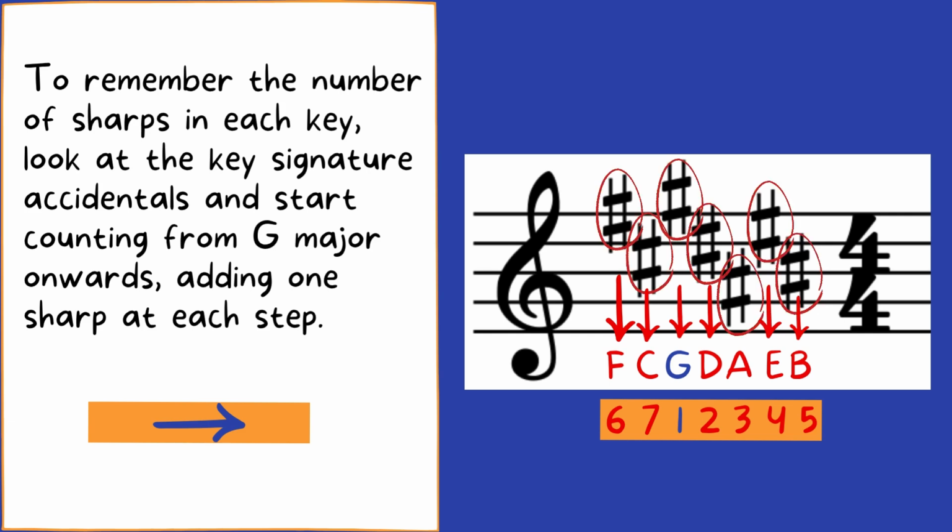So we have that G major contains 1 sharp, D major 2, A major 3, E major 4, B major 5. And now we start from the beginning. F sharp major contains 6 sharps, and finally, C sharp major contains 7 sharps.